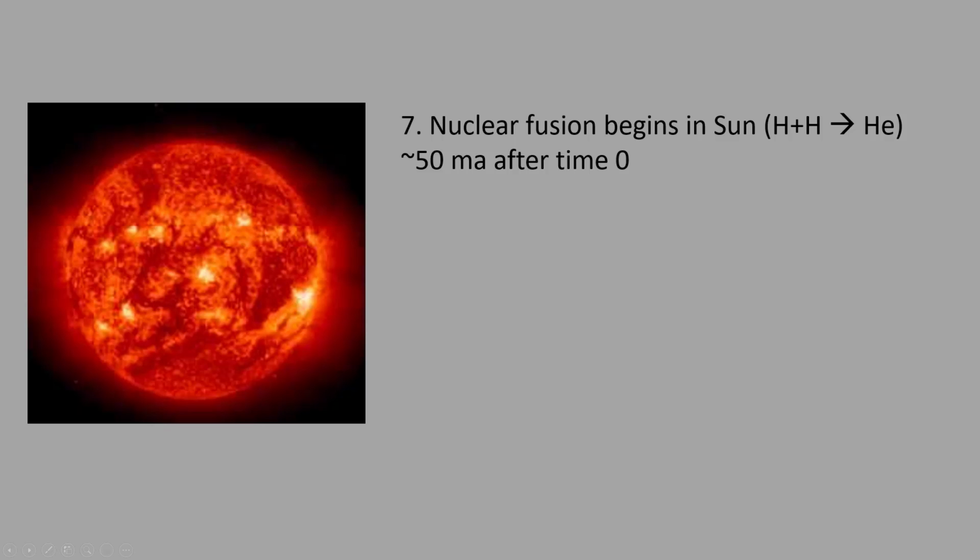And each of these has an atomic number of 1. When they combine, they form an element called helium, which has an atomic number of 2. So there's 2 protons that converge and they fuse together to form helium. And that occurs about 50 million years after time 0.